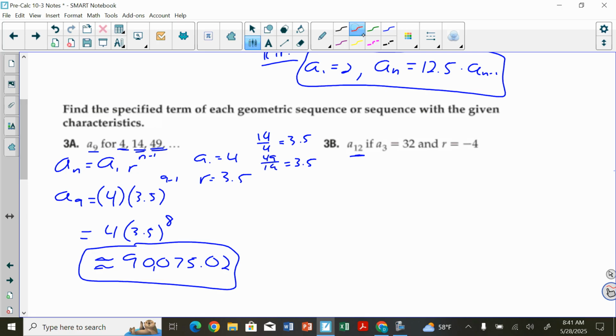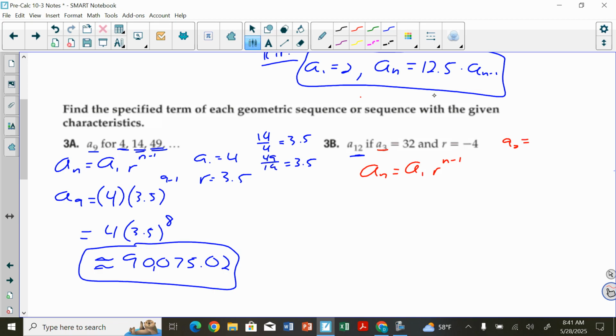So again, using the same formula, nothing there has changed. It's still a sub n equals a1 times r to the n minus 1. So in this case, again, I have to find my a1. Well, a1 is a little bit trickier here because I don't have that yet. They gave me a3, so I had to work backwards a little bit.